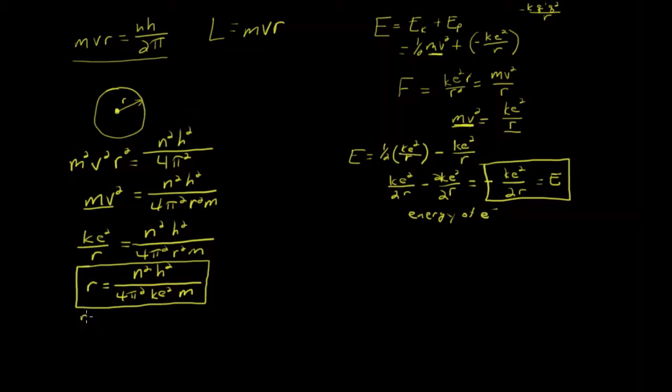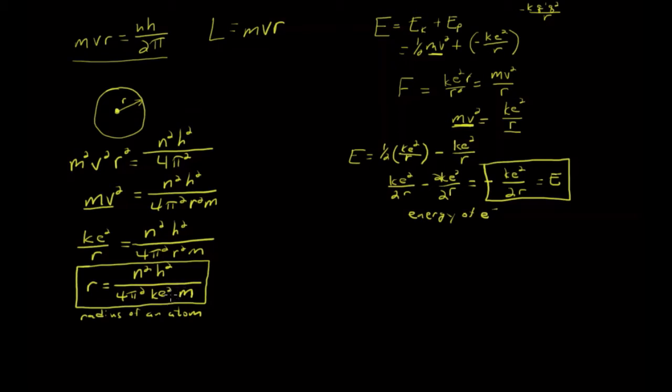So here is the radius of an atom. And you notice that everything in here is a constant, including the mass. The mass of an electron at rest is constant.